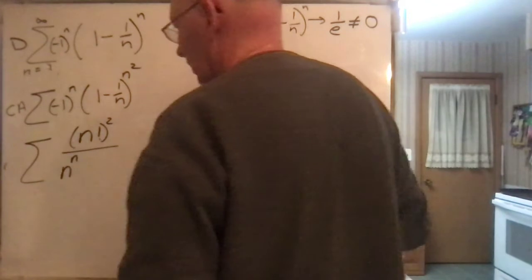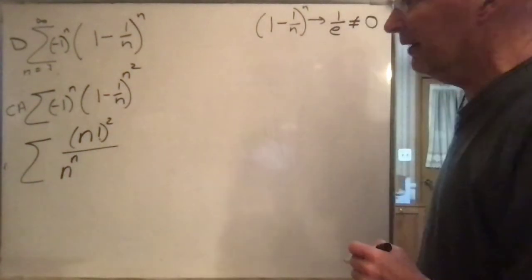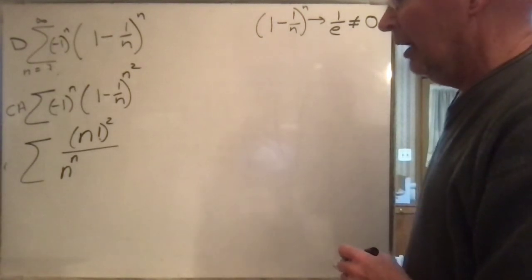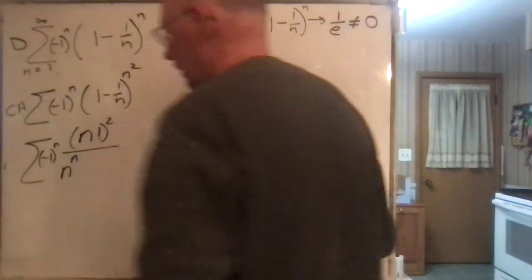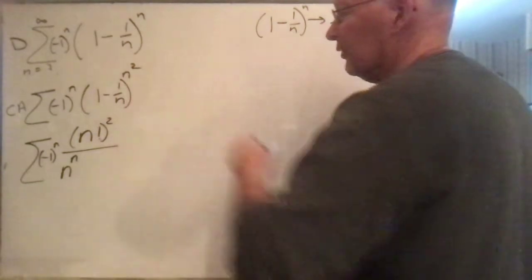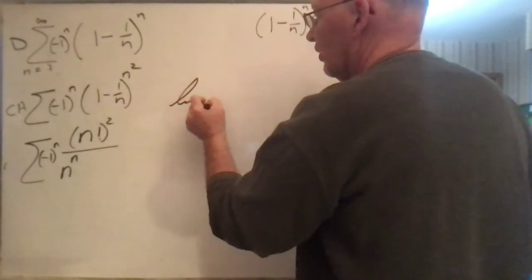Yeah, let's do this one. n factorial squared over n to the n. Okay, let's see what happens. And we'll throw a negative 1 to the n in front. Okay? So whenever you see factorials, ratio test is the thing to do. So here we go.